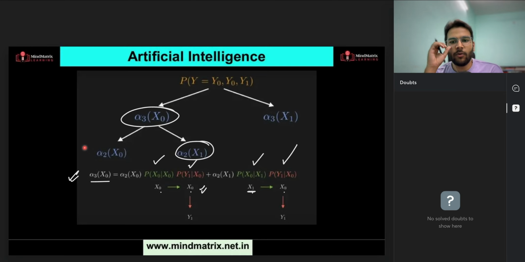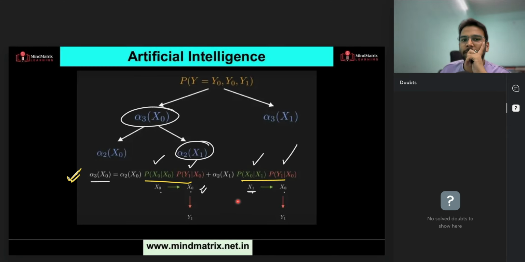If anyone is having doubt about how we are writing it, is this point actually clear to you or not? Just tell me this. How are we writing this: alpha 2 of x0 multiplied by this, plus alpha 2 of x1 multiplied by this?